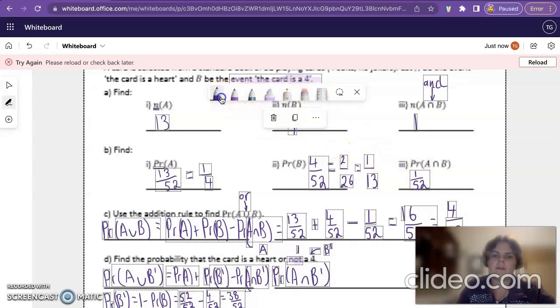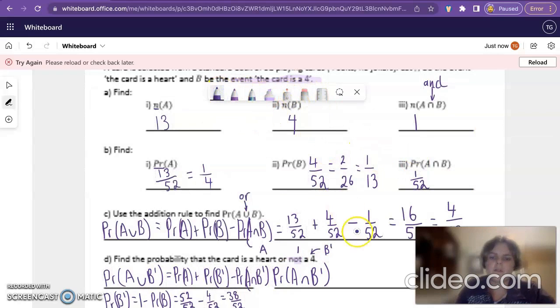So what are the chances, think that through, of getting a card that is a heart and it's not a 4?